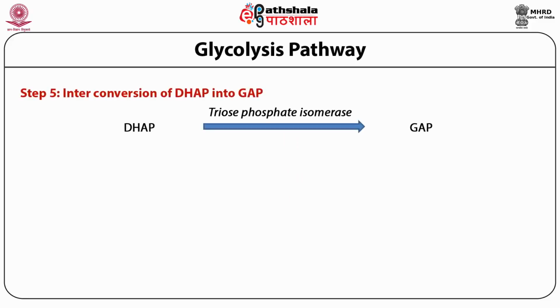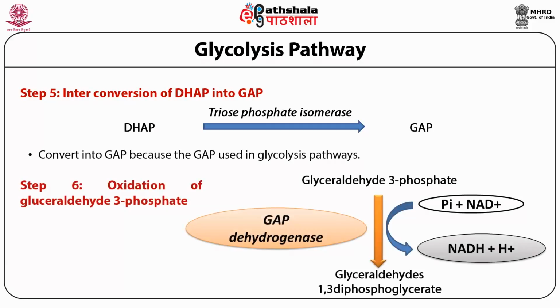Step 5, interconversion of dihydroxyacetone phosphate and glyceraldehyde 3-phosphate.